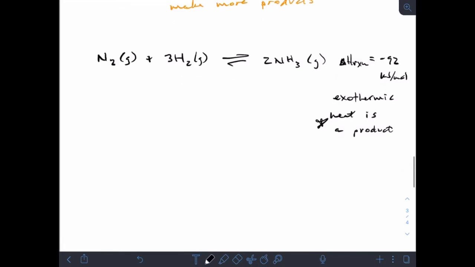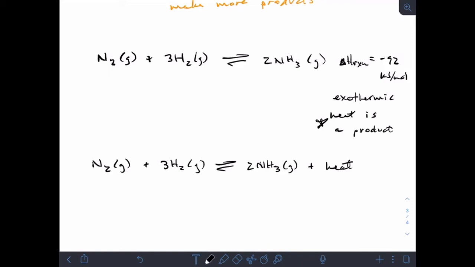So if I were to consider heat as a product, I could actually put it into my equation as a product. If it were an endothermic reaction, I would include it on the left side of the equation as a reactant. But if it's exothermic, heat is a product.